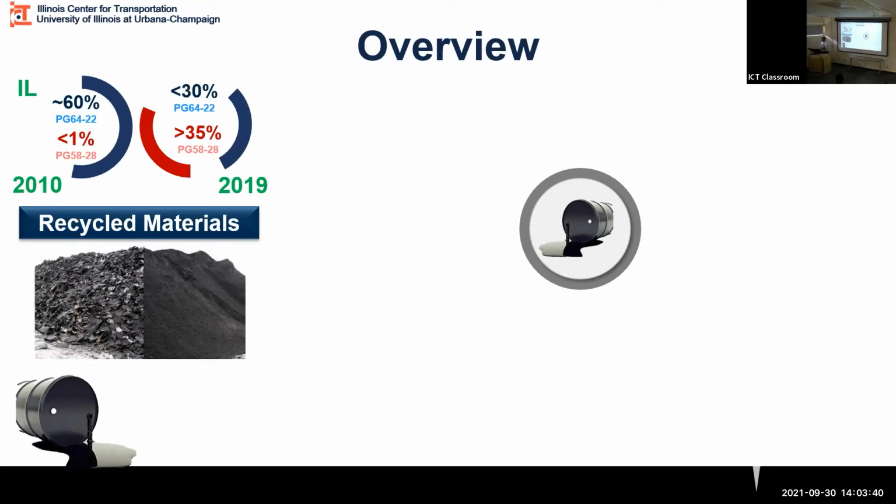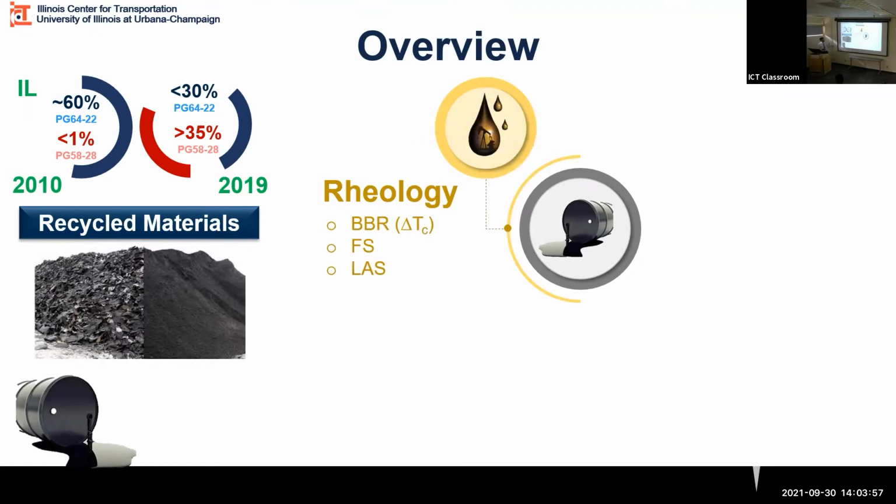This will help us to be more sustainable, and at the same time, we need to make sure that our pavements perform. But the challenge with these proprietary products is that their performance, especially the long-term performance, is uncertain. And with that idea, the binders modified using these modifiers were studied in this project.